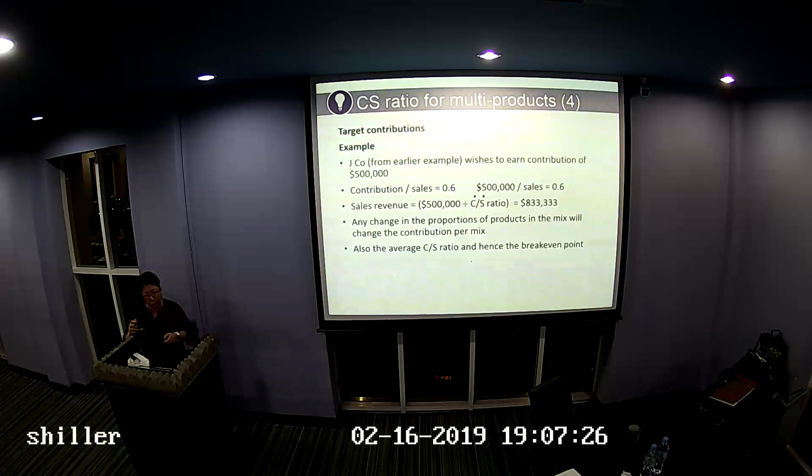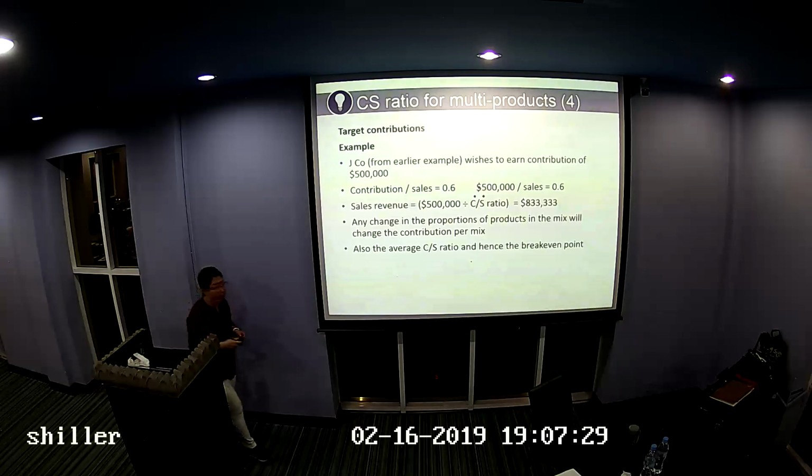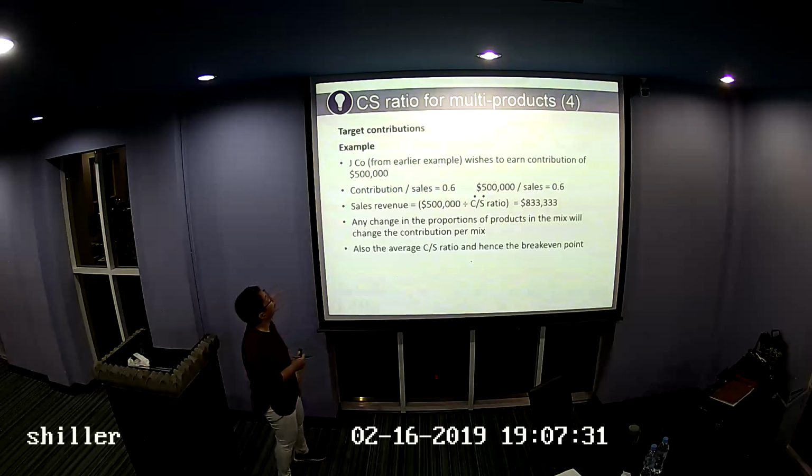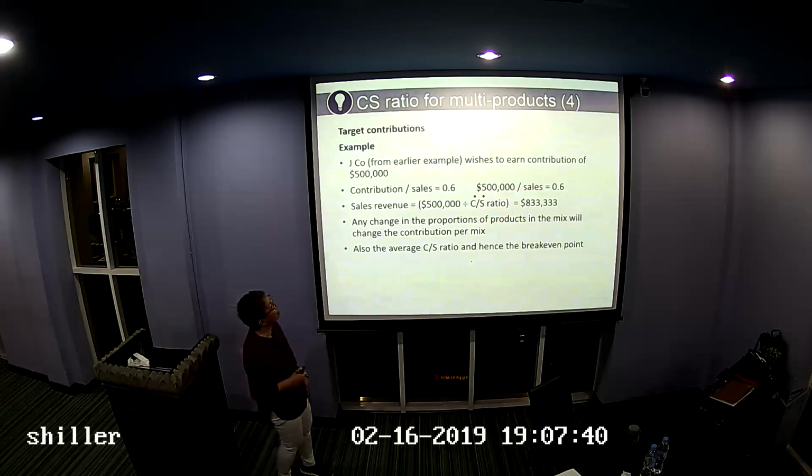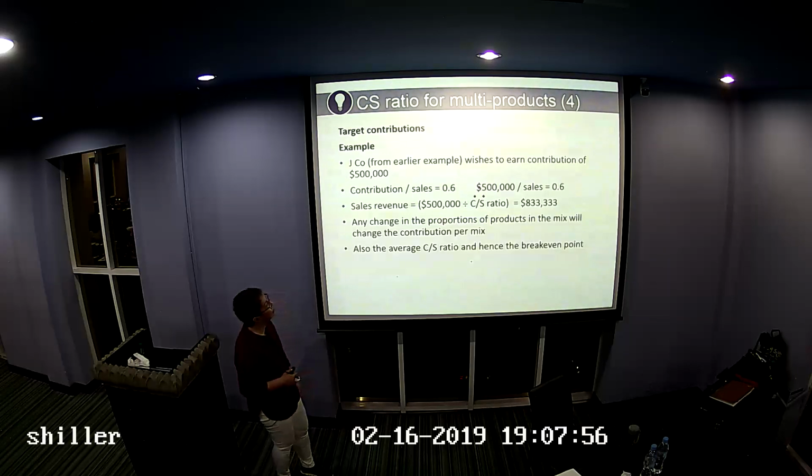What happens if the company wants to earn a contribution of 500,000. At the moment, they have a CS ratio of 60%.